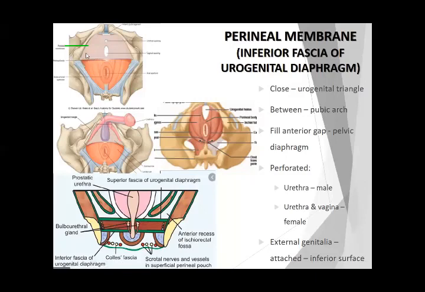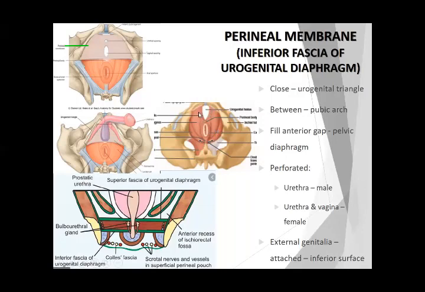This white thing, this is the perineal membrane. The perineal membrane closes the urogenital hiatus. Now, if you remember correctly, when we did the pelvic floor, this is the coccygeus, this is the levator ani.